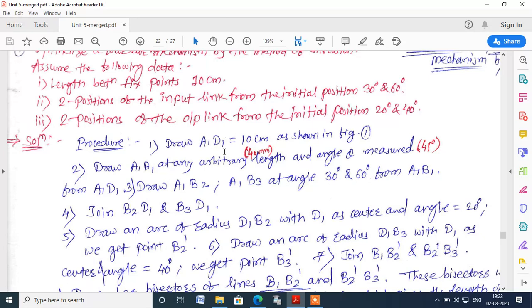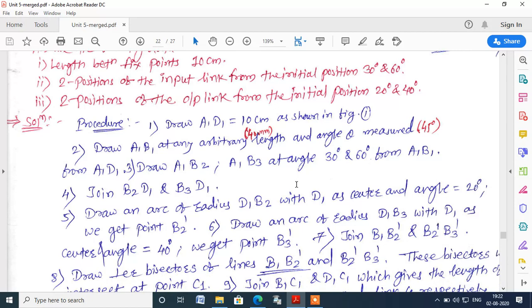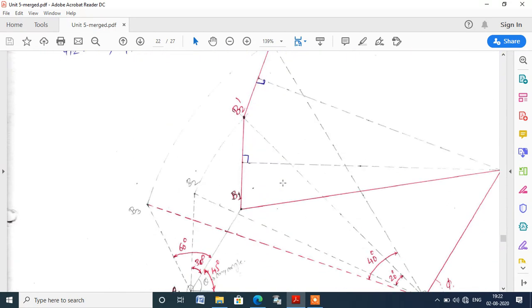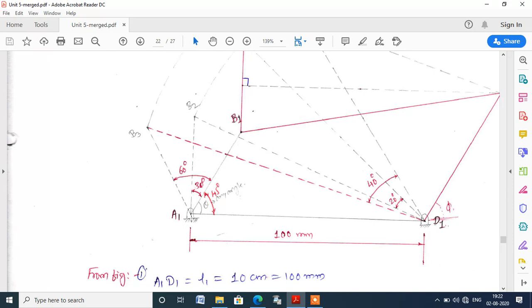So here first draw A1 D1 with the scale 10 centimeter. Then draw A1 B1 at any arbitrary length and angle theta again any arbitrary from A1 D1. So here I will show you. First draw a length A1 D1, that is a fixed length. That is how much? 10 centimeter.